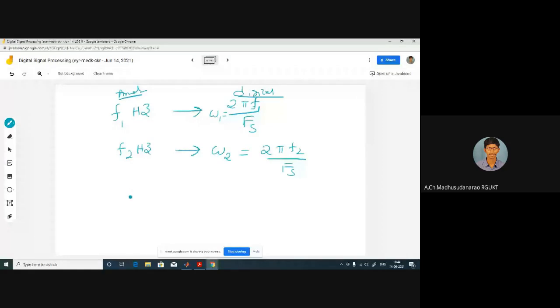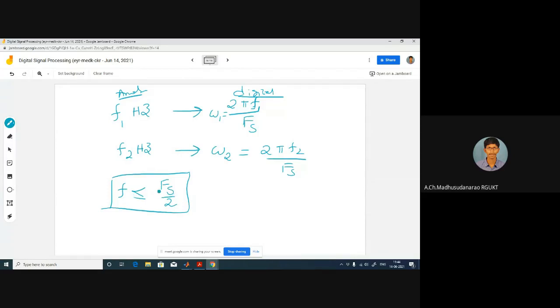Just for understanding, I'll try to give that constraint. That analog frequency f should be less than or equal to fs by 2, where fs is the sampling rate.